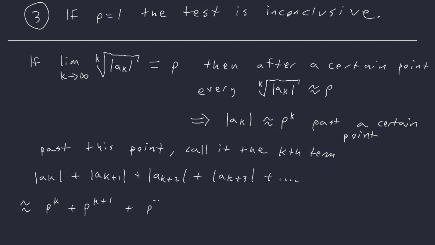This one's approximately rho to the K plus 2. This one's approximately rho to the K plus 3, plus rho to the K plus 4, and on and on and on. Okay, so this is essentially a geometric series that is starting at K.